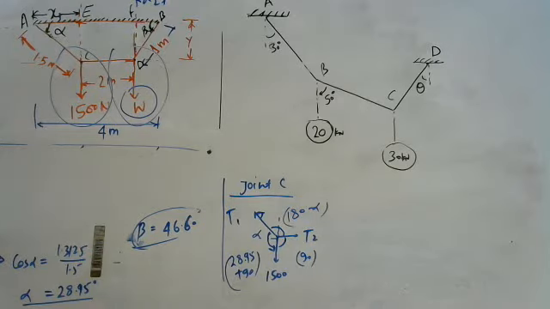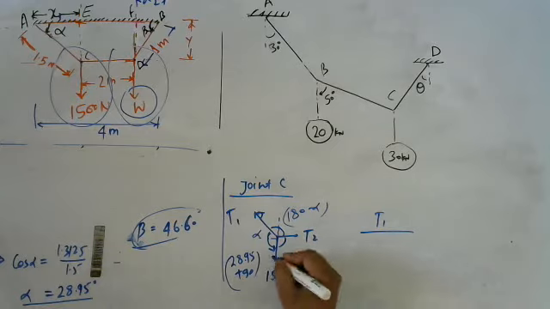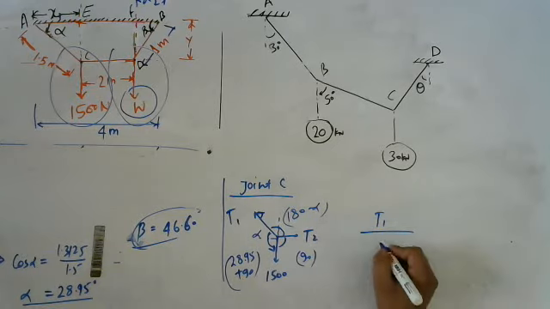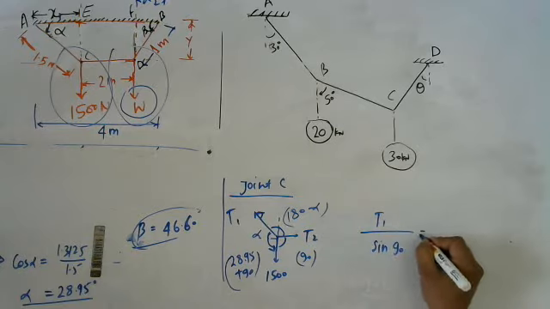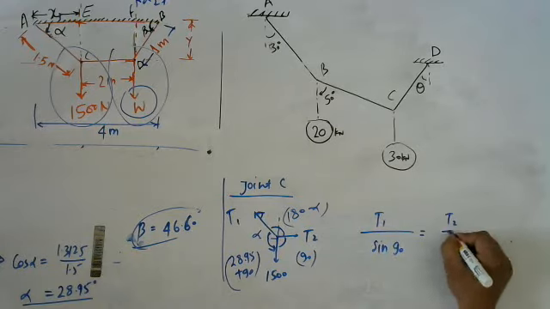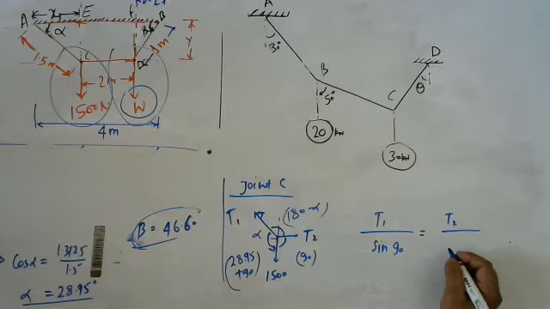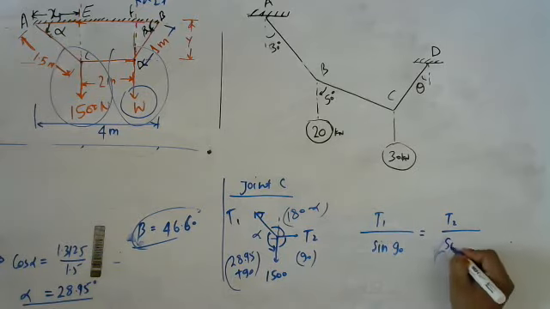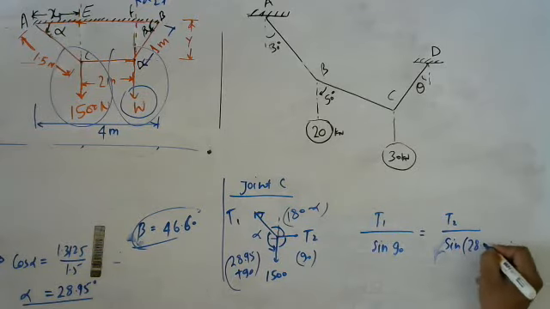So I directly write here T1 over sine of this angle. T1 over sine 90 is equal to T2 over sine (28.95 plus 90), correct?